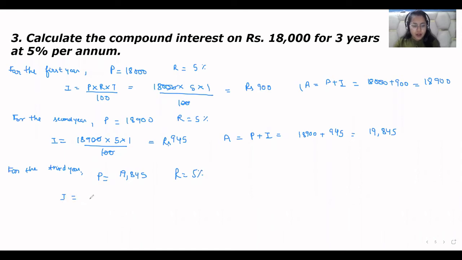So interest is principal times rate times time over 100. After multiplying it, we get rupees 992.25. So what is our final amount?